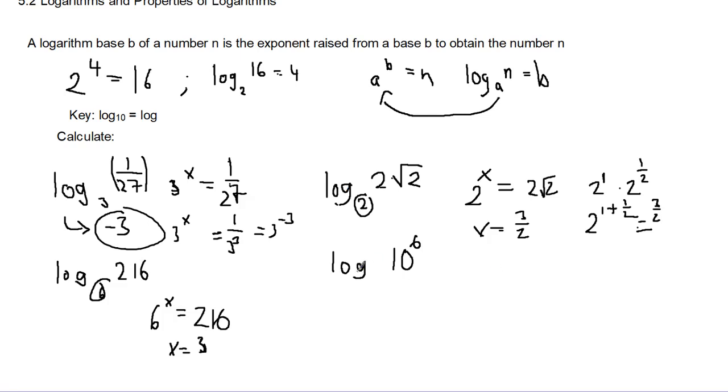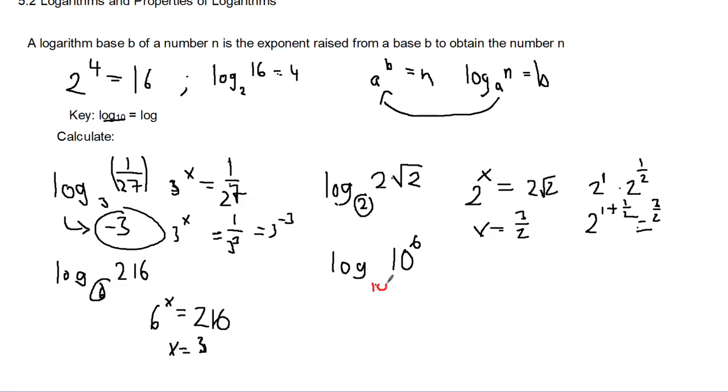For this one, I just put log of 10 to the 6th power. But that's basically just log base 10. If you see log on your calculator, it's log base 10. So let's just put the 10 down here. I'll put it in a different color because you normally won't see this.